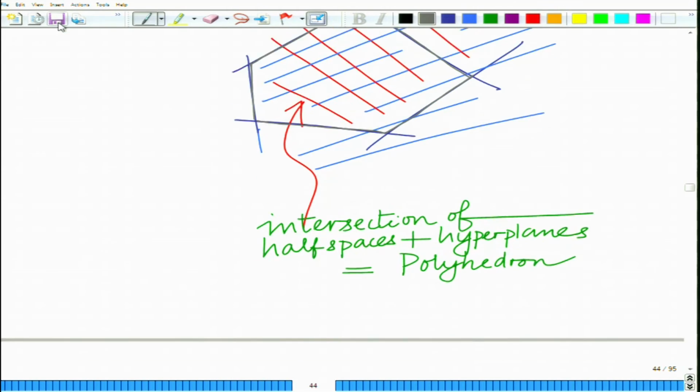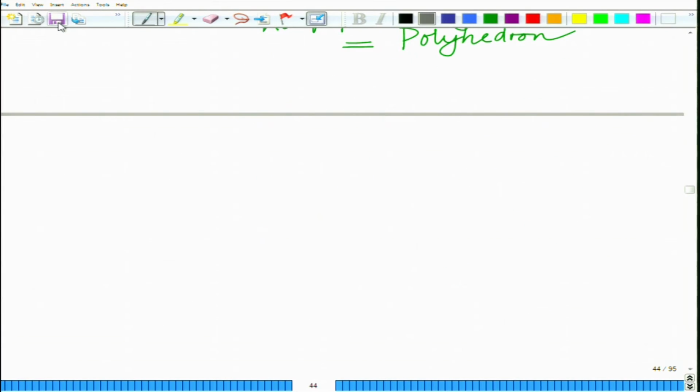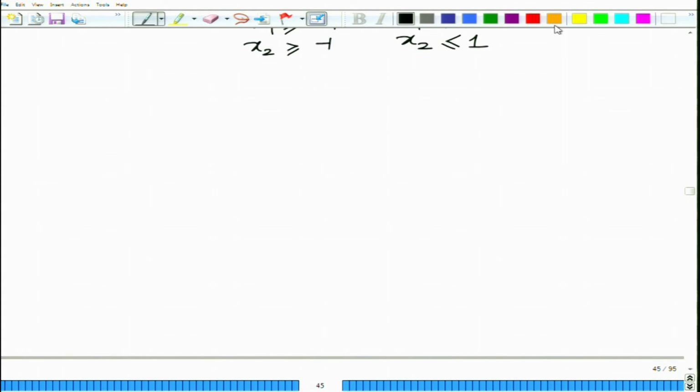And for instance, you can take a simple example again. You can consider the polyhedron formed by these 4 hyperplanes, that is, x1 greater than or equal to -1, x1 less than or equal to 1, x2 greater than or equal to -1, and x2 less than or equal to 1. This is something that everyone will immediately recognize.